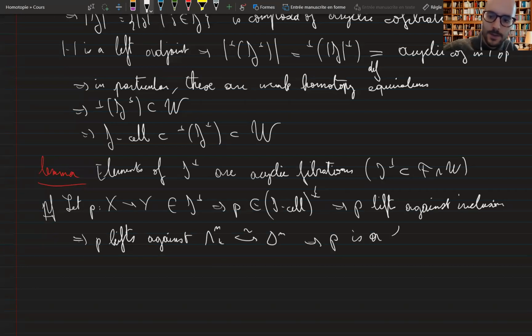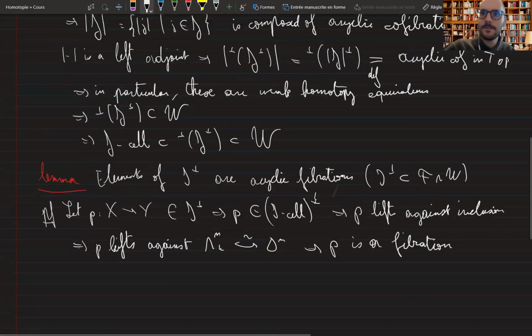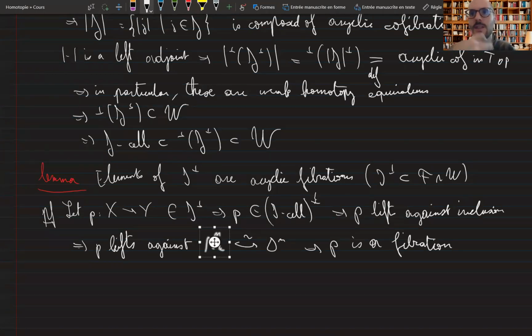So P is a fibration. I know it sounds a lot like I'm not proving much, but this really follows from this lemma, right? Which is not that obvious, right? It says that you can get the full simplex from the horn by just gluing simplices. Actually, we are going to prove a little bit later an explicit description of how to get from this to this using simplices, but for now we just need some abstract result. All right, so we know that P is a fibration.